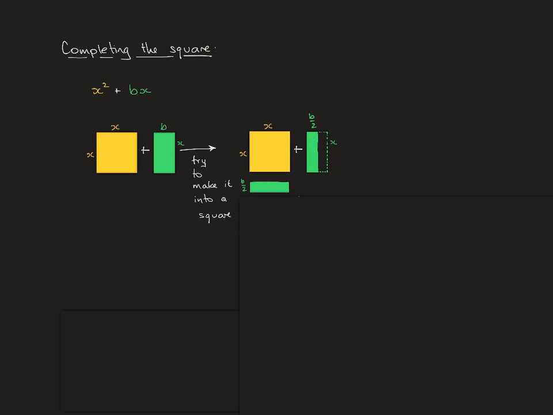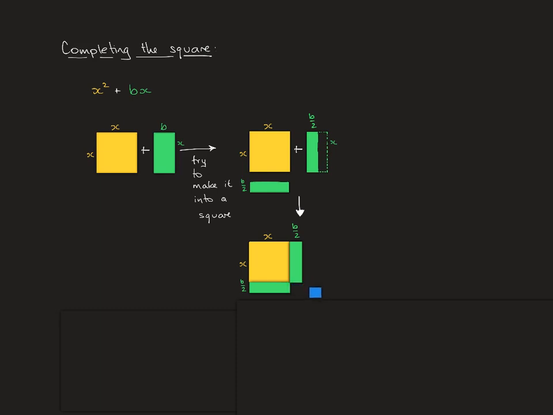Now if I move those two green slices up against the yellow slice, what I'll have is something that is almost a square. And what it needs to complete the square is this little piece here. Because if I pick up this little piece and move it, it completes that square. It makes it into a perfect square.